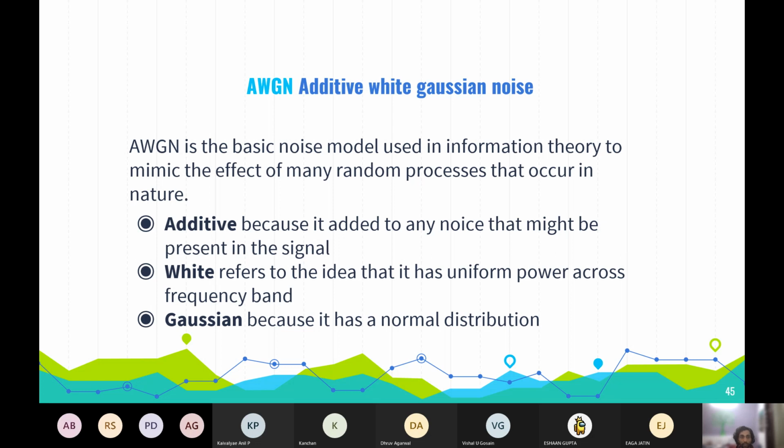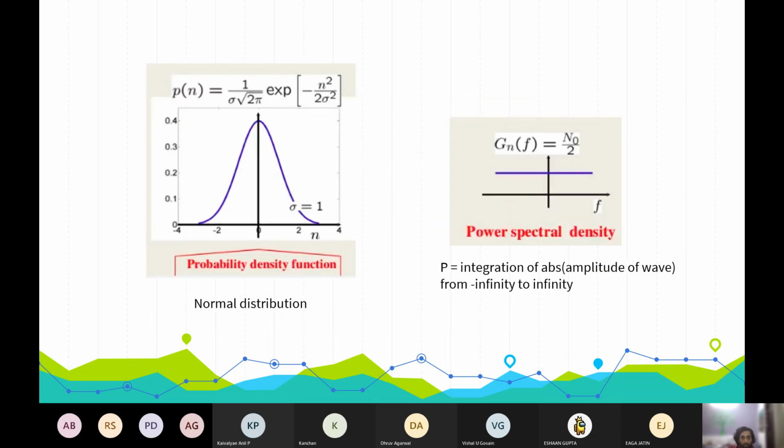Then there is Gaussian. Gaussian is the normal distribution. It tells the probability of getting an amplitude. This is how a Gaussian curve looks like, and above we have the probability. What it says is that having the noise at 0 is most probable, and as we increase the amplitude of noise, its probability keeps on decreasing.